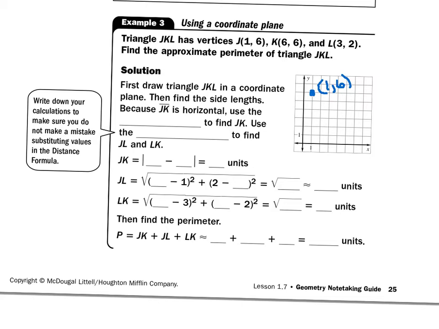And then K is 6, 6. 1, 2, 3, 4, 5, 6, 6. And L is 3, 2. Okay, and this was J, K, and L. First, draw that triangle.